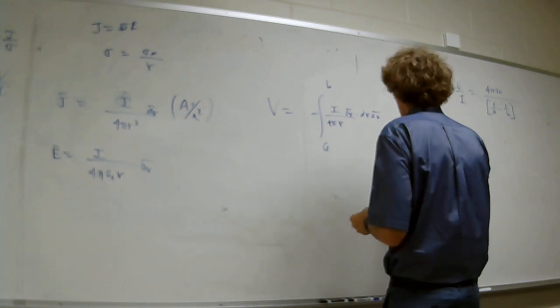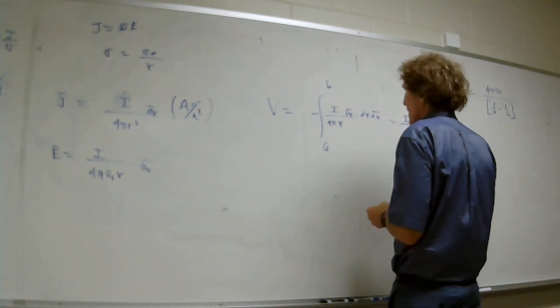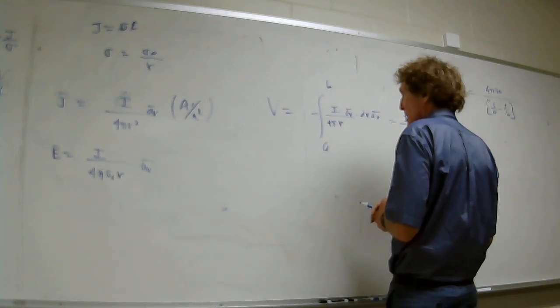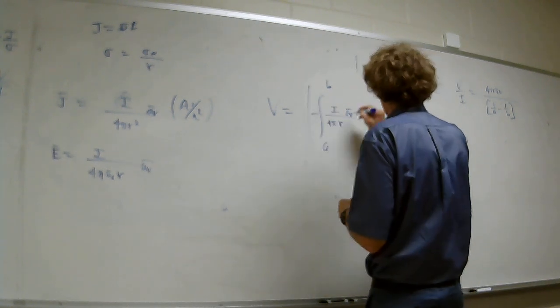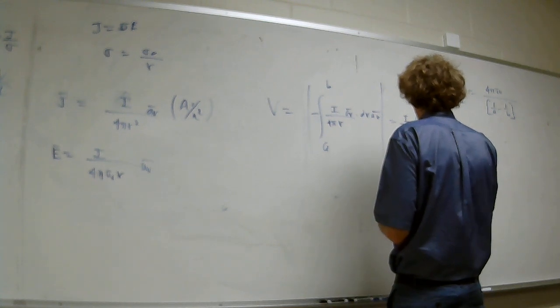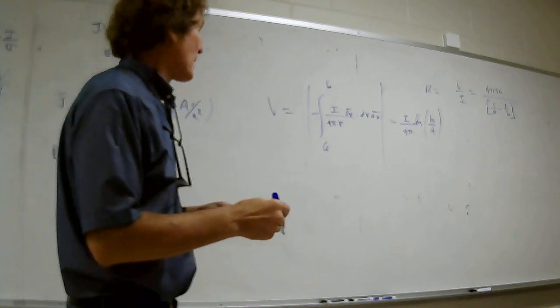And I integrate that, and that becomes I over 4 pi, right? Integral of 1 over r is natural log, correct? And it's going to be, I can do the magnitude thing, times the natural log of B over A, right? Agreed, class?